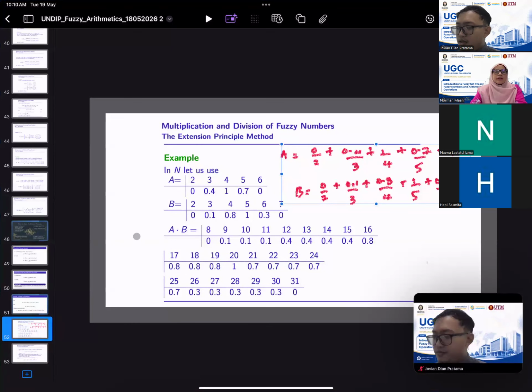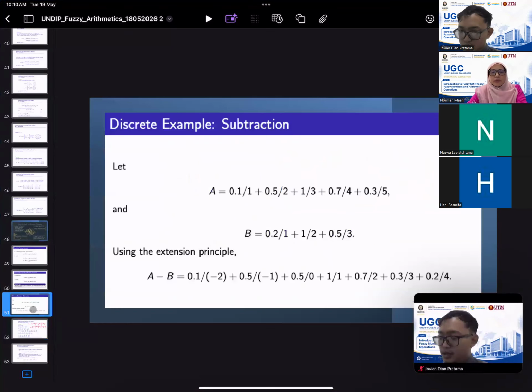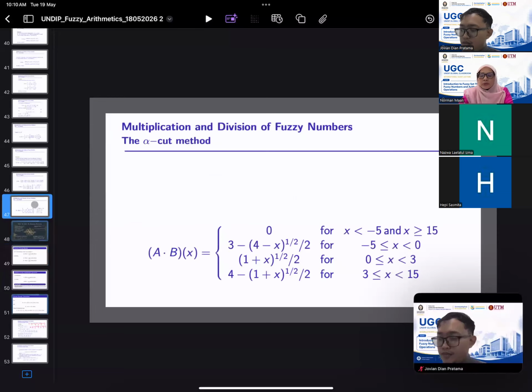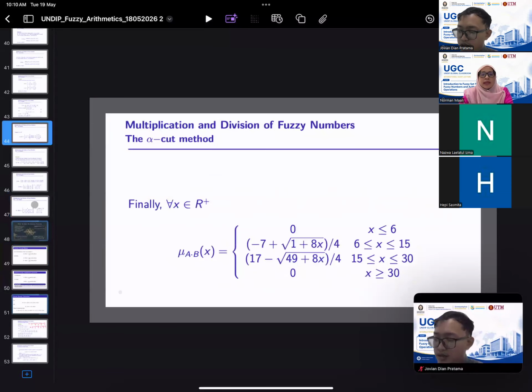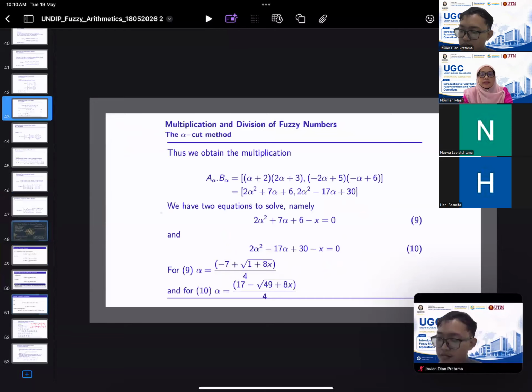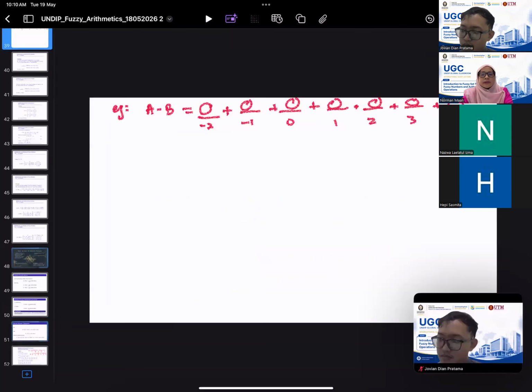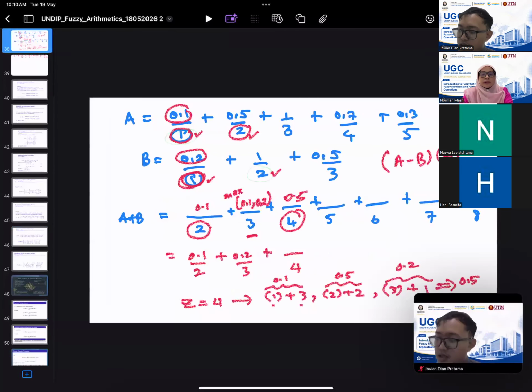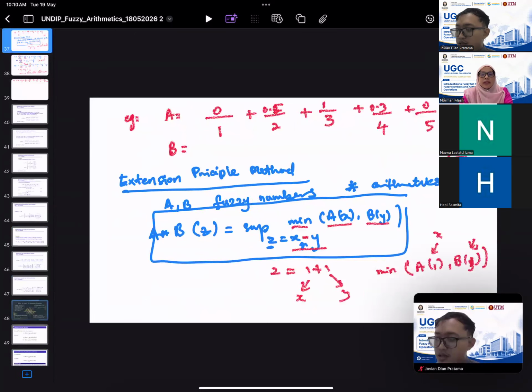We want to continue to the multiplication operation, but when we refer back to the exercises we had before, this one is the addition, for which we use two methods.